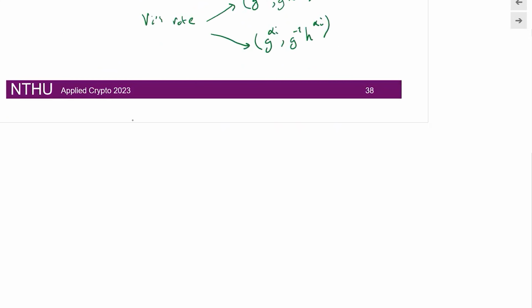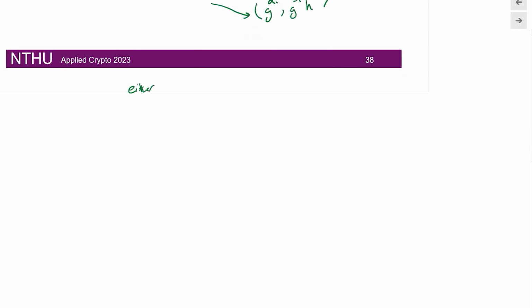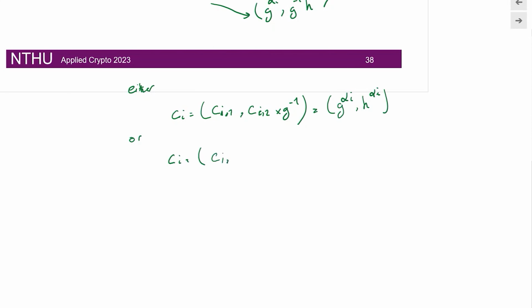In order to prove it, he has to show that either Ci equals C1, Ci1 and then Ci2 times g to the minus 1, which is going to equal g to the alpha i and h to the alpha i, or Ci equals C1, Ci1 and then Ci2 times g, which is going to be g to the alpha i and h to the alpha i, right?